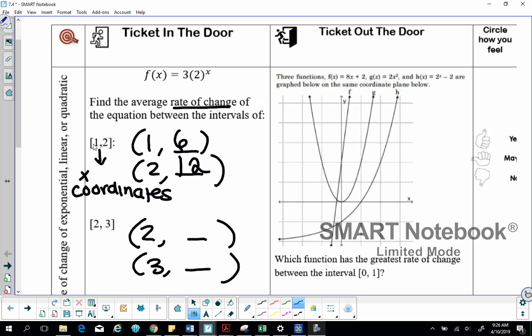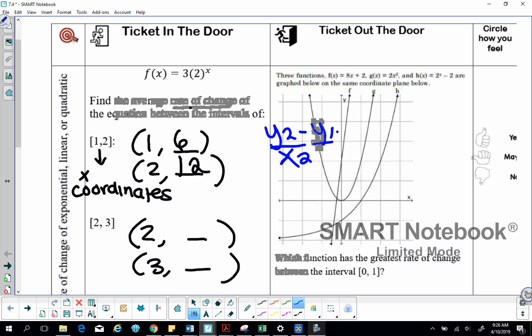Then how do I find the slope? I look on that blue sheet and it says, oh, the slope formula is y2 minus y1 over x2 minus x1. So when you label, how do I label these points? What goes right here, Tyree? Your x, right?